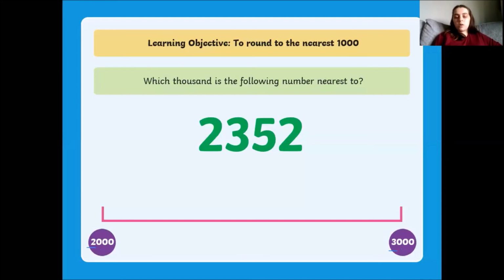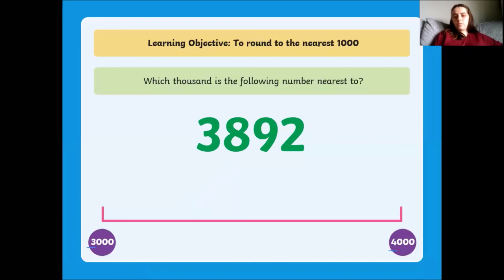Or is it 2,500 and above, meaning it's closer to 3,000? Well, it's less, isn't it? It's less than 2,500. If I was to put it on the number line, it's there, meaning it's closer to 2,000. So which 1,000 is the number nearest to? It's nearest to 2,000.